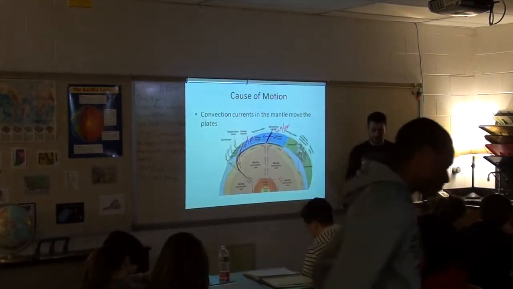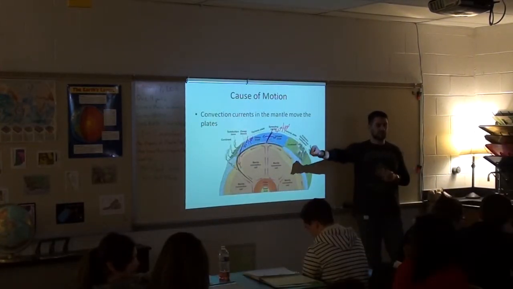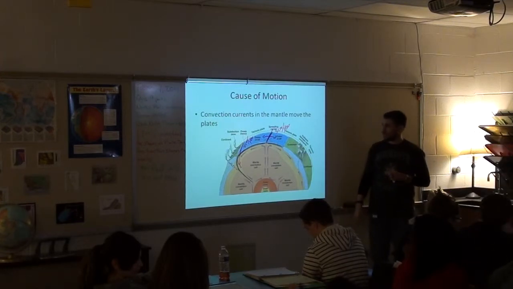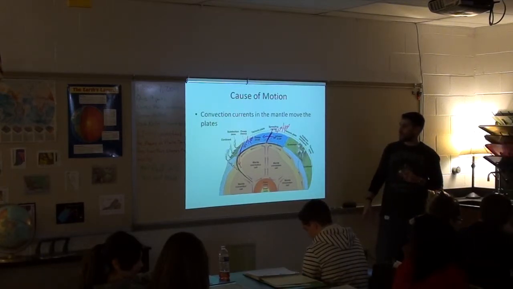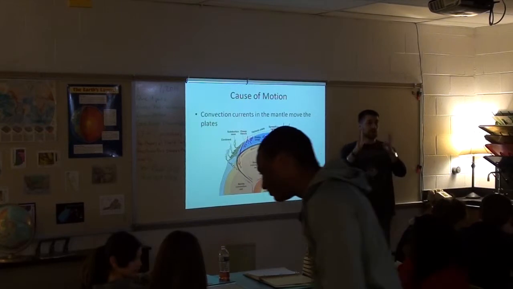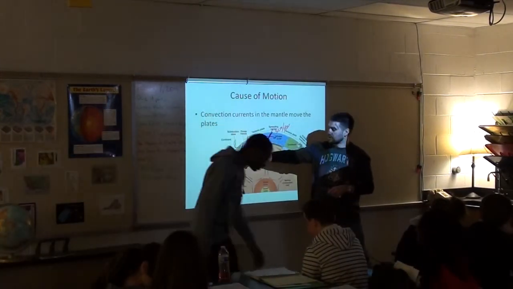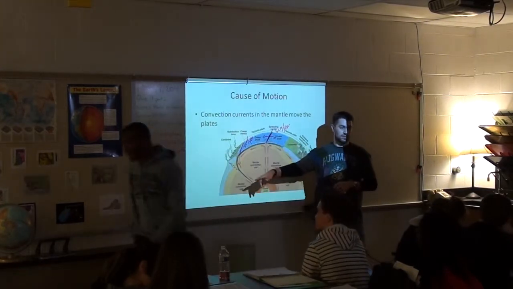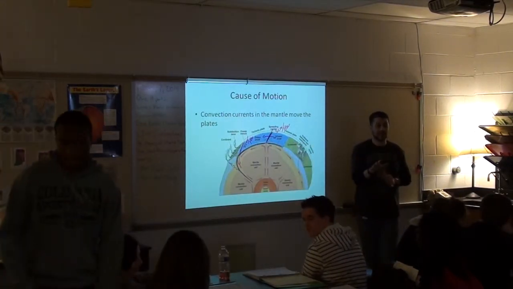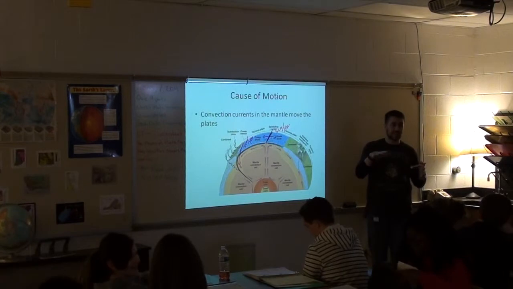So over here, the continents are going closer. Throughout time, the ocean will get wider, and the ocean over here will get narrower. The mountains will get bigger. For example, the Himalayas right now are continually getting taller and taller.